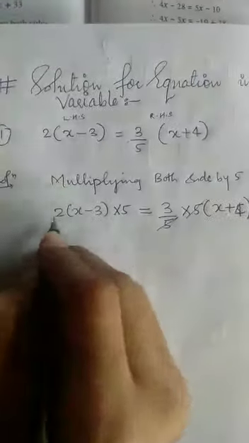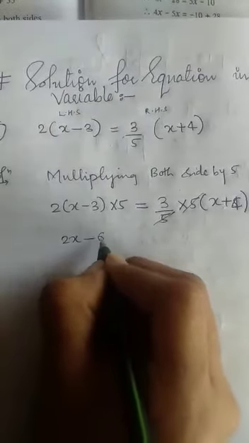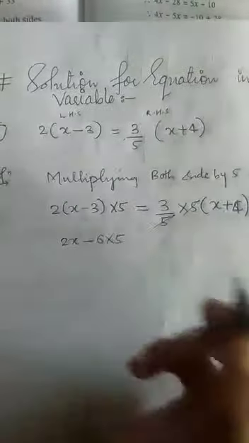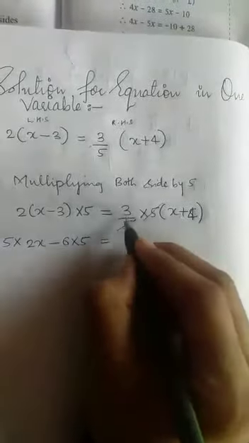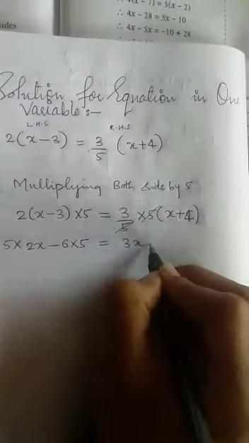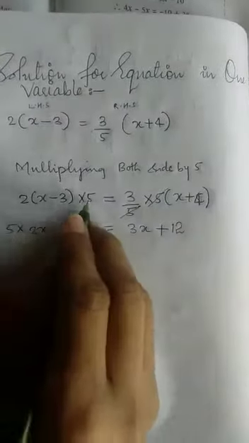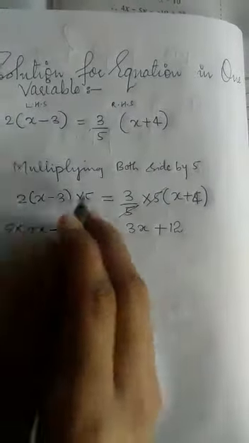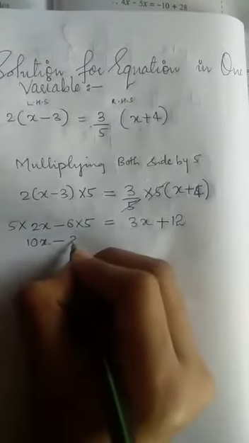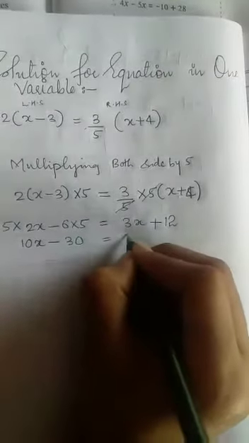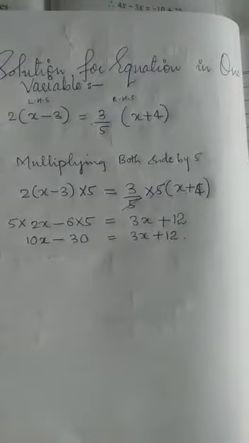It means what? 2 multiplied by x, that is 2x, minus 2 3s are 6 multiplied by 5, is equal to, 5 gets cancelled, 3 multiplied by x, that is 3x, plus 3 4s are 12. Now see, here I wrote 5 multiplied by 2x. You can write 2x multiplied by 5 as well. So 5 2s are 10x minus 5 6s are 30 is equal to 3x plus 12. 10x minus 30 is equal to 3x plus 12.